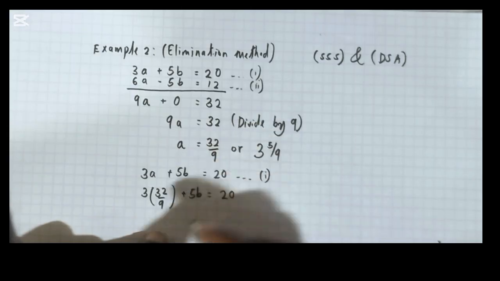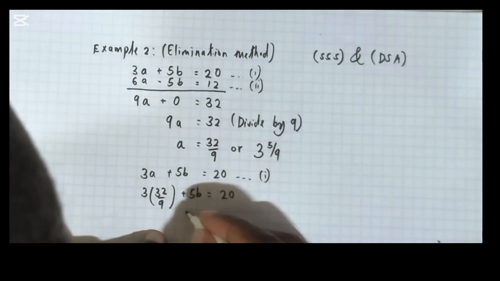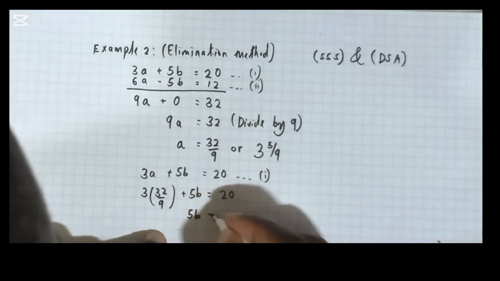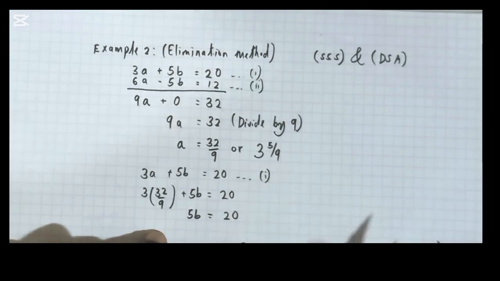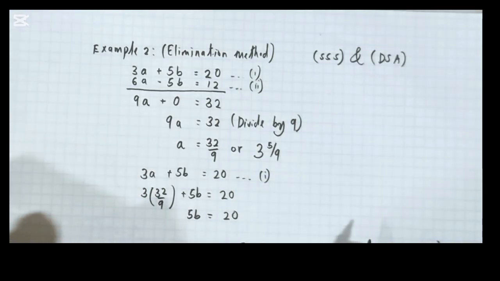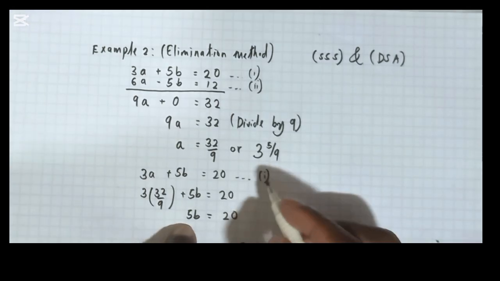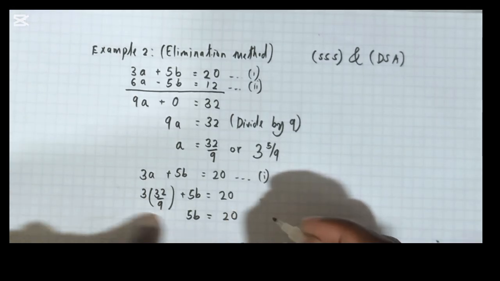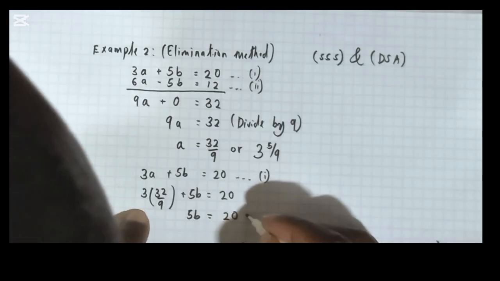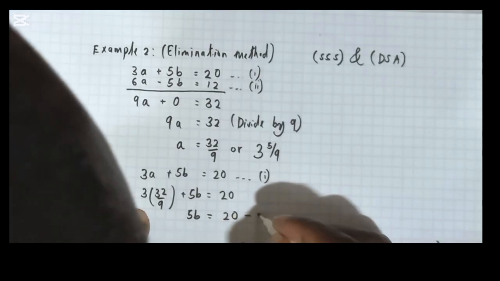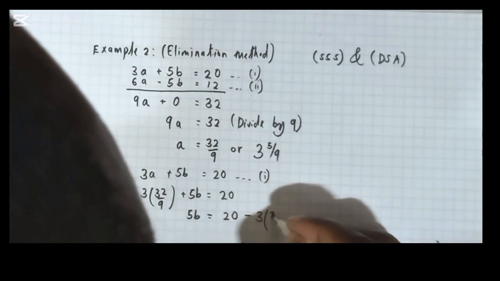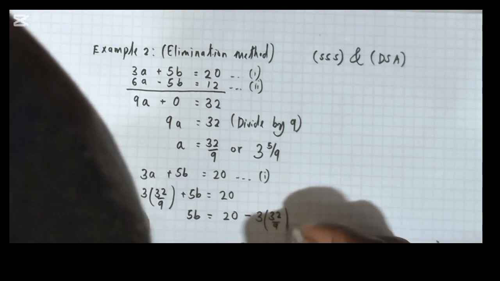So basically that's going to leave us with 5b being equal to 20. We are having the variables on one side of the equation and the numbers on the other side. So that's going to be 5b, and when we take this to the other side, we're going to have 3 into 32 all over 9.